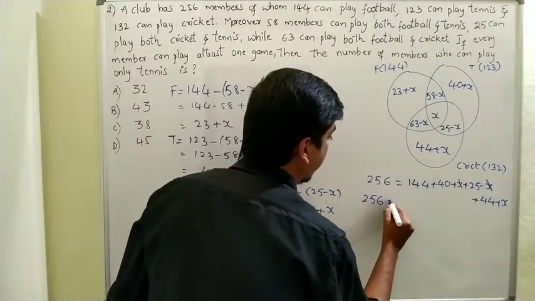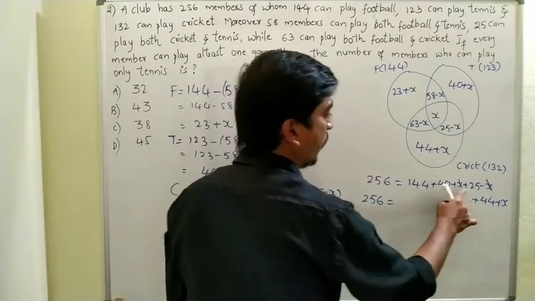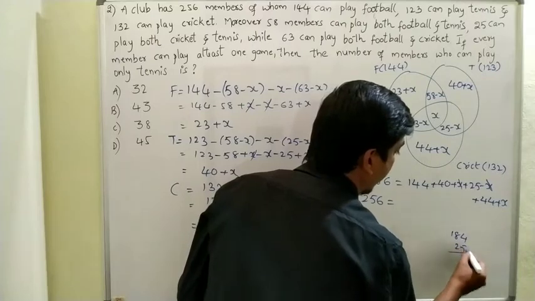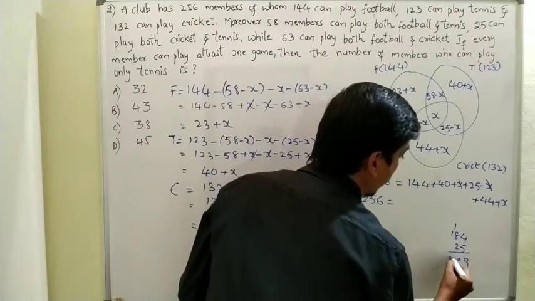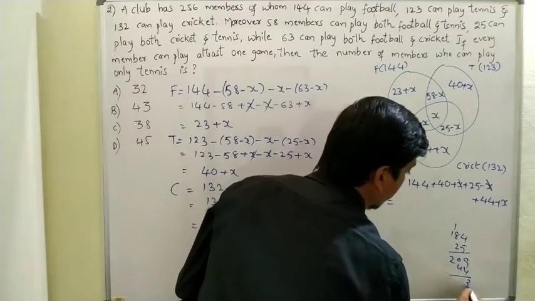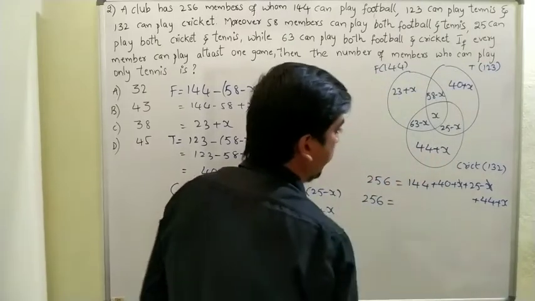Then 256 equals 144 plus 40, 184. 184 plus 25 is 209, and 209 plus 44 is 253. We got 253 plus X.